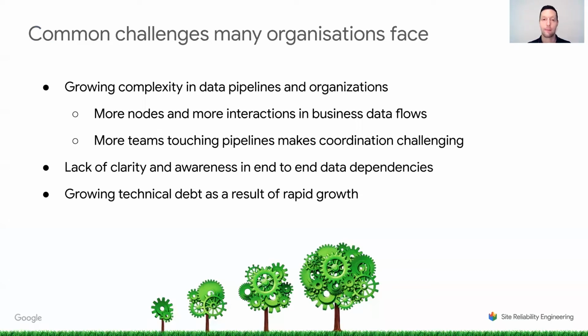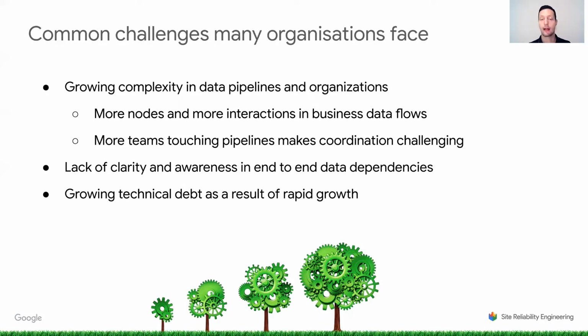Speaking about the challenges, growing complexity of data pipelines and organizations poses more challenges to data reliability. More nodes and interactions in pipelines, more teams who build and maintain them, and higher organizational complexity.